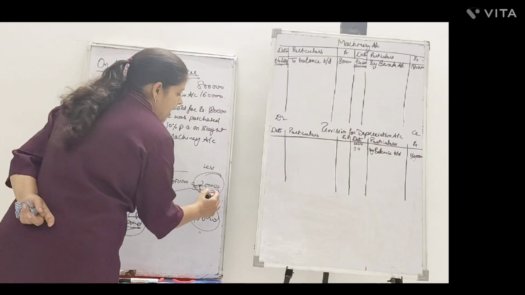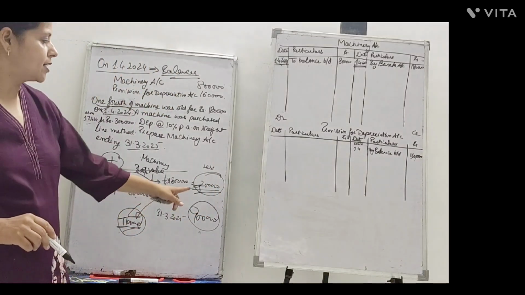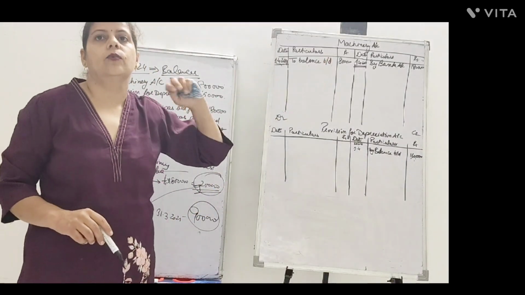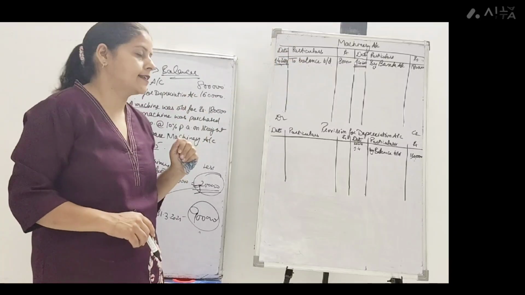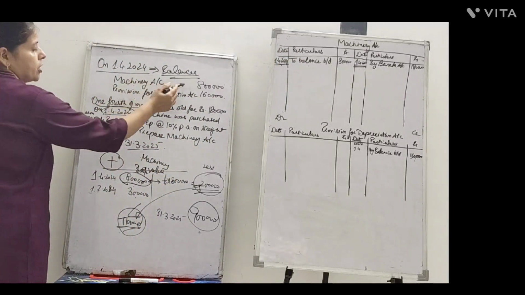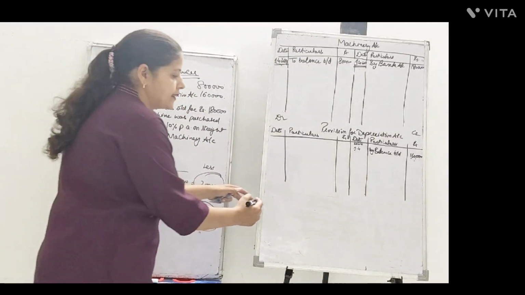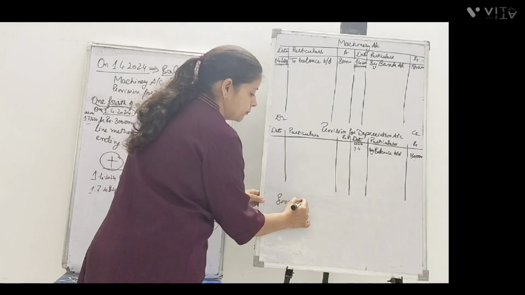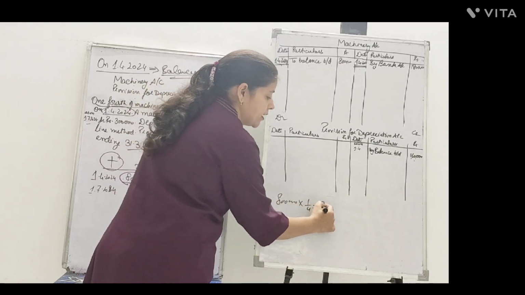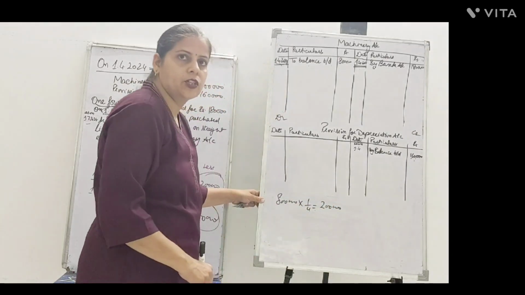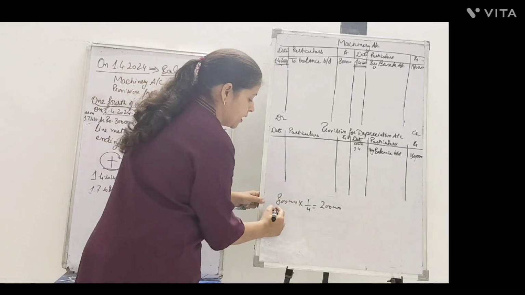But I told you we have to put a total of how much here? 2 lakh. This is not 2 lakh. So how to make it 2 lakh? Let's see. 1/4 of the machine. 8 lakh was the worth of the machine. 1/4 of the machine was sold, that means 2 lakh was the machine value on the date of purchase.